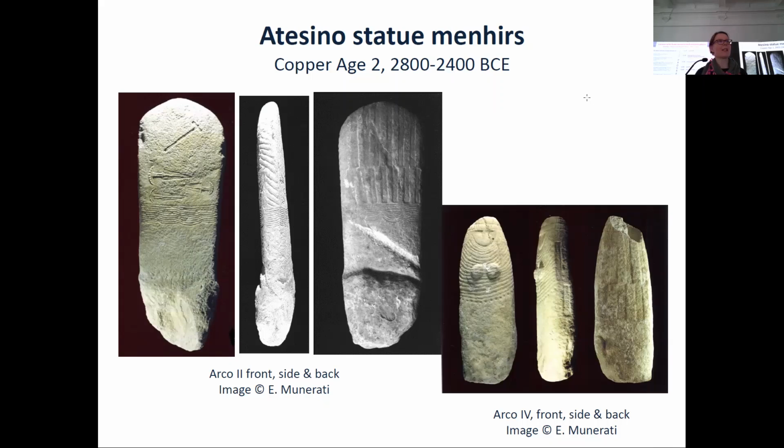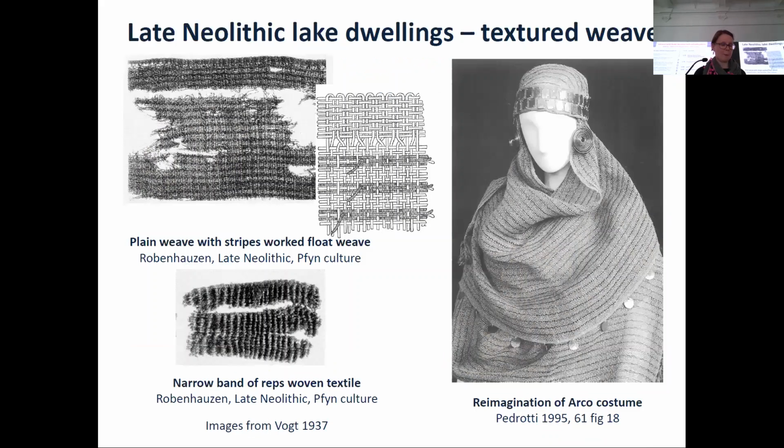So what do we think then in terms of materials? Karina's already nicely introduced us to some of these technologies. So what do these motifs maybe represent? We can see striped textures in some of the textiles preserved from the late Neolithic lake dwellings of the circumalpine area.